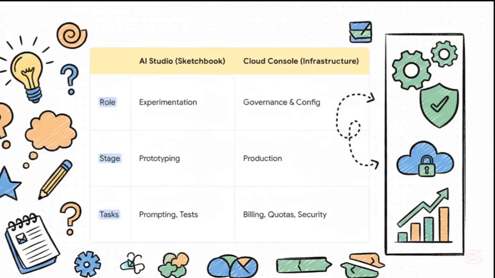And looking at it side by side like this really crystallizes the different roles, doesn't it? On one side, you've got the sketchbook, AI Studio. It's all about creative prototyping, prompts, and quick tests. On the other side, you have the heavy-duty infrastructure, the Cloud Console. This is for stable production, handling the serious business of billing, quotas, and security. They are absolutely two different tools for two very different stages of your project.